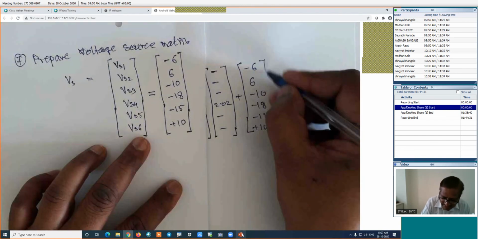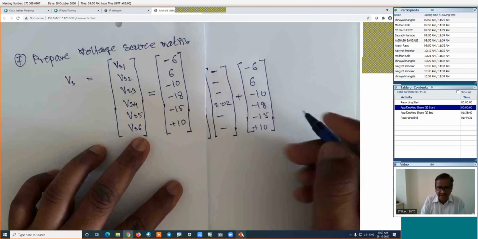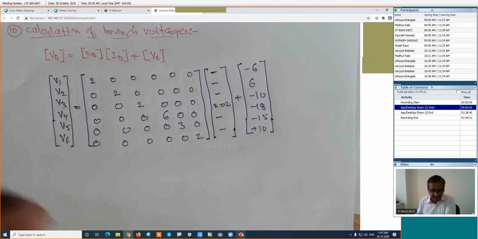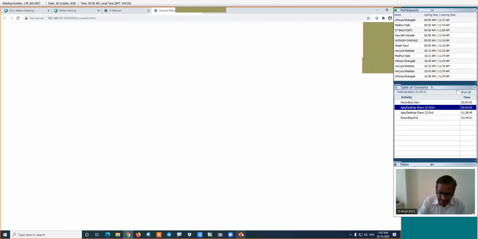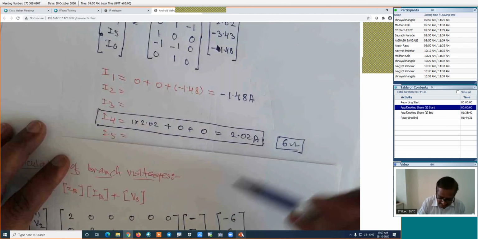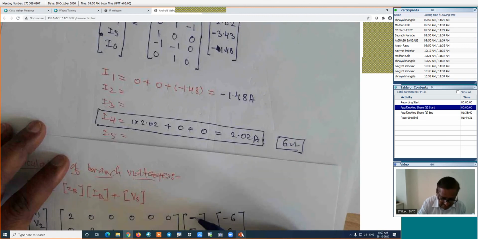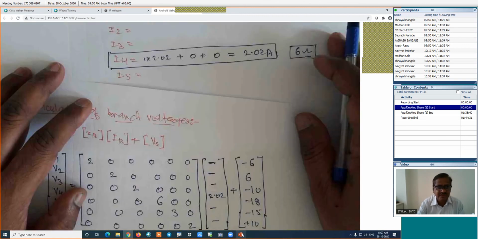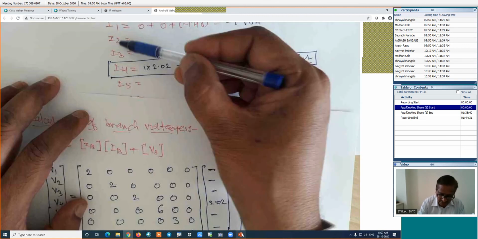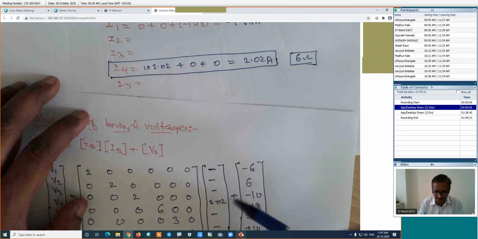If we have calculated all these currents, I will enter this minus 1.48 value, and the values of I2, I3, I4 here, and that matrix will be complete.